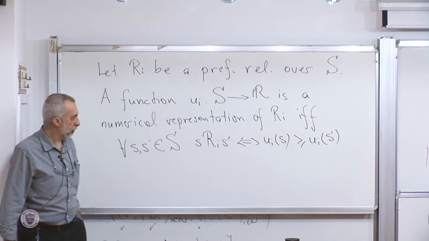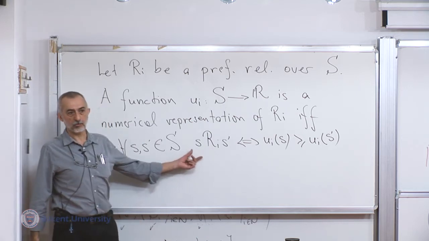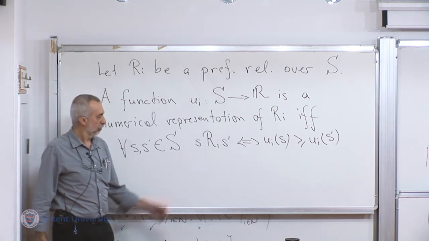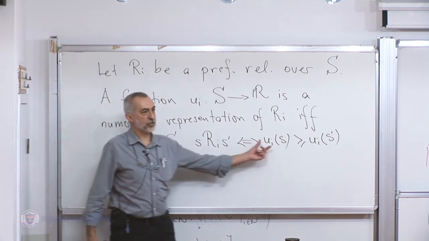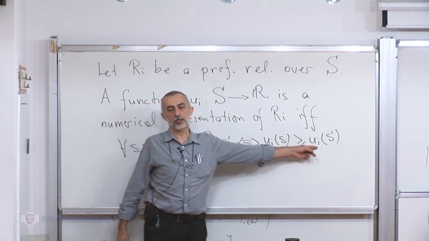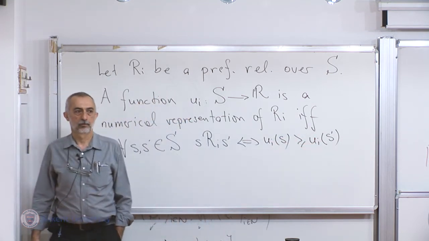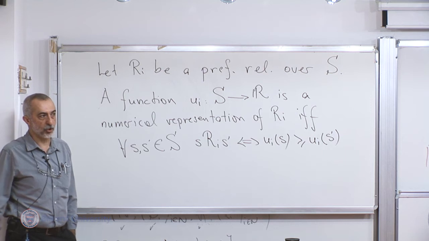You just assign numbers to outcomes such that more preferred strategy profiles are assigned a larger number than less preferred strategy profiles. Okay, so far so good?